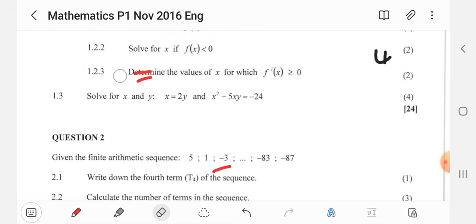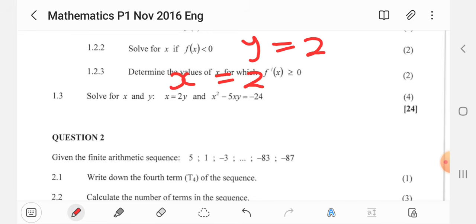Now let's try to find our x value. So y equals 2, so x equals 2 times 2. You just substitute the 2, then x equals 4.